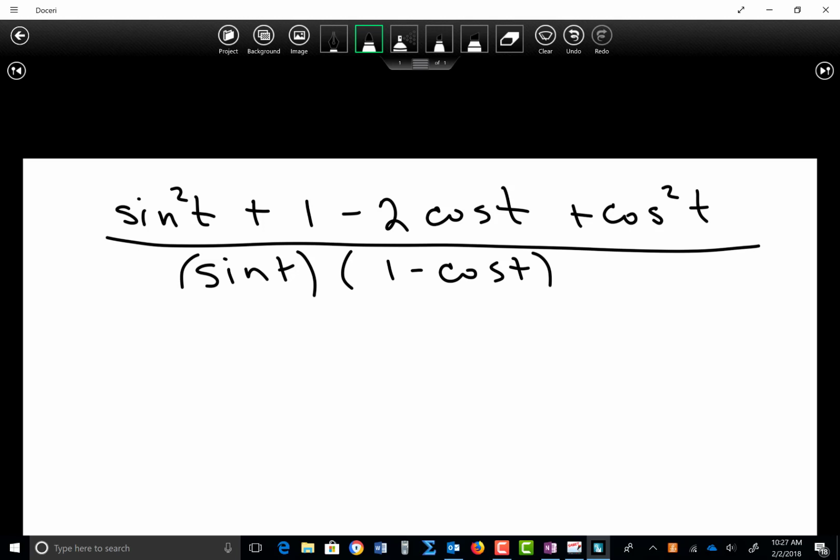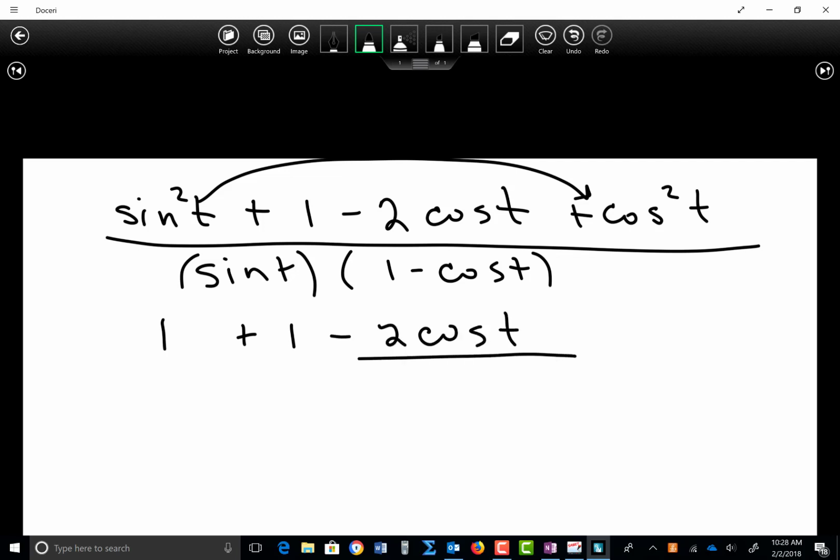So when I look at the top and I try to simplify, I can see from my Pythagorean identities, I have sine squared plus cosine squared. And from your Pythagorean identities, sine squared plus cosine squared is 1. So I have a 1 plus 1 minus 2 cosine t. And that's all on the top.